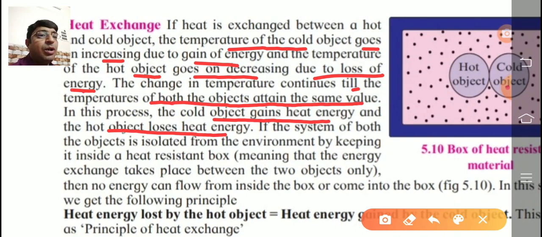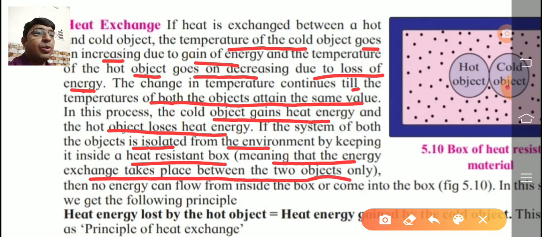If the system of both the objects is isolated, meaning nothing else is present around them, only those materials are present, they come in close contact with each other, separated from the environment by keeping them inside a heat resistant box, meaning that the energy exchange takes place between the two objects only.